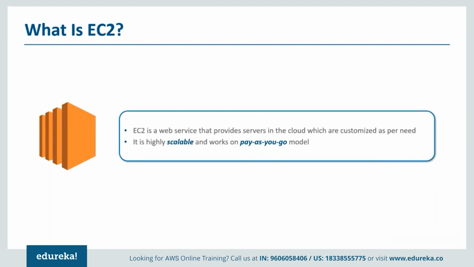Whereas cloud services, especially EC2, work on a monthly billing cycle. We don't have to pay any upfront cost or any fixed cost every month. We have to pay only for the resources we have used and the duration for which we have used them. That's the main advantage that we get as part of EC2 deployment.